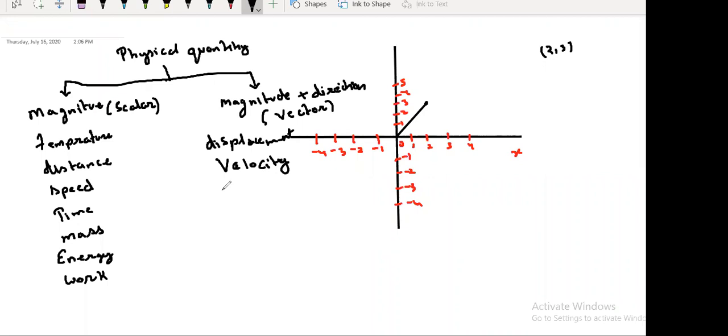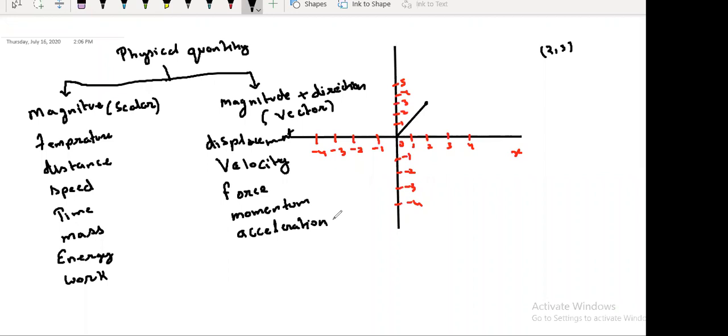Weight is actually your force, a gravitational force. Mass into acceleration is your force, and force due to gravity is your weight. Force, momentum, acceleration. These are vector quantities. Got it?